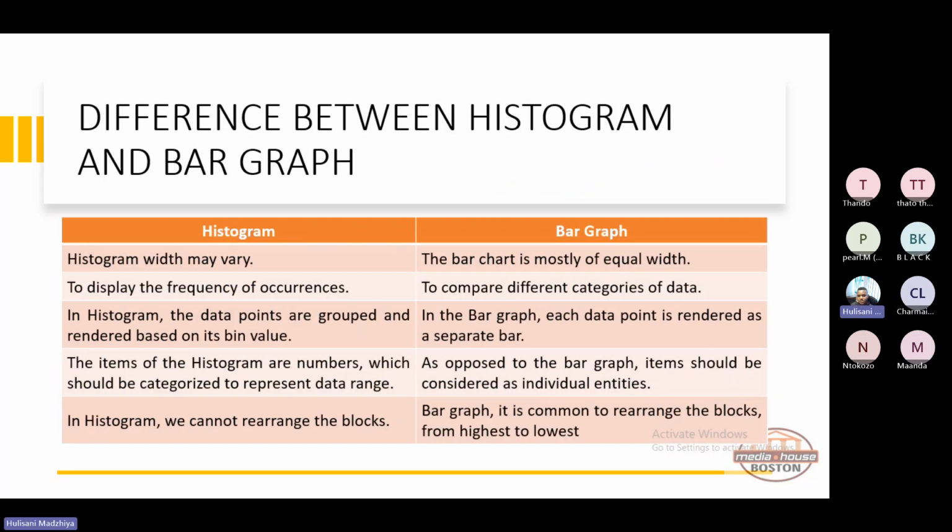Another difference is that the histogram width may vary, whereas the bar chart mostly has equal width. So on that side we might have 20 to 30, which might be a very small portion, but when we talk about 30 to 40, you might find that the other one takes a bigger portion, depending on how your data set looks.